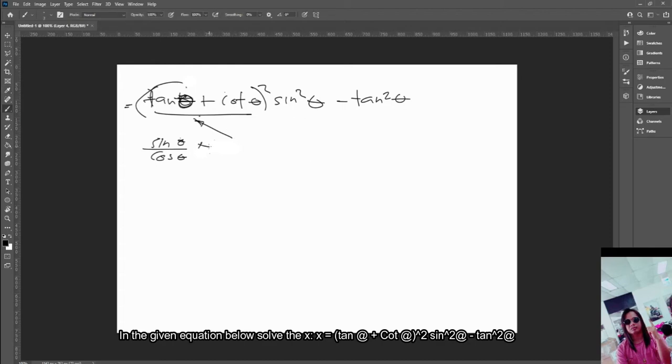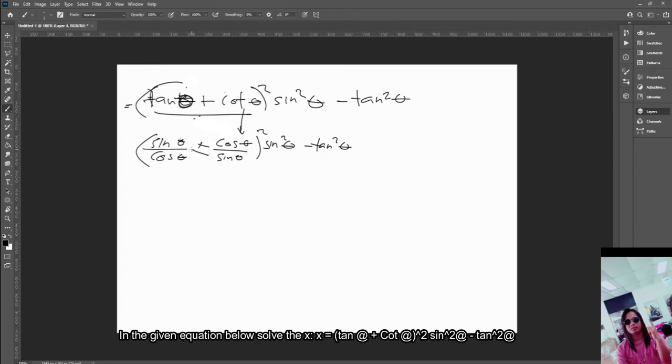So we can express this like cosine theta over sine theta, okay, squared, sine squared theta minus tangent squared theta.